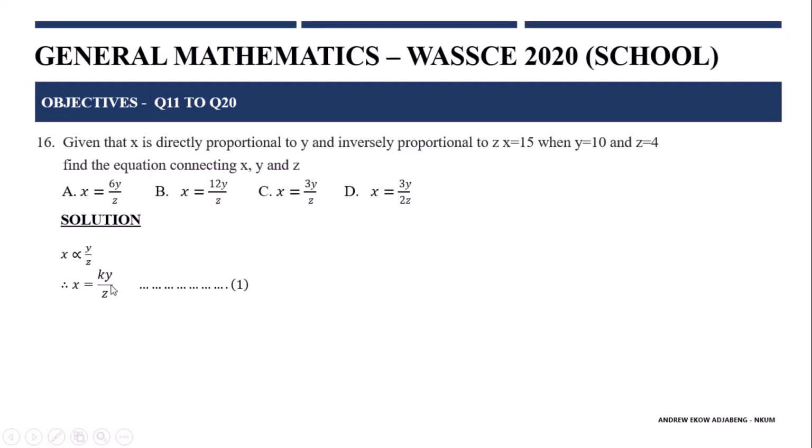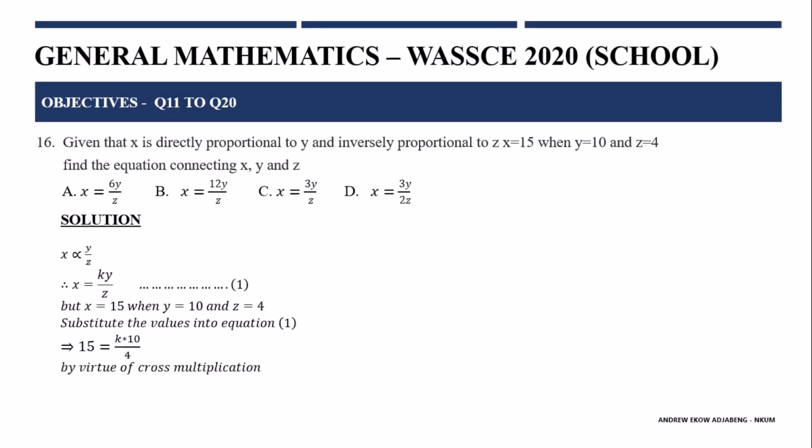We can call that equation 1. But we know that x equals 15, y equals 10, and z equals 4. When we substitute those values into the equation, our result now is 15 equals k times 10, which is replacing y, over 4, which is z.